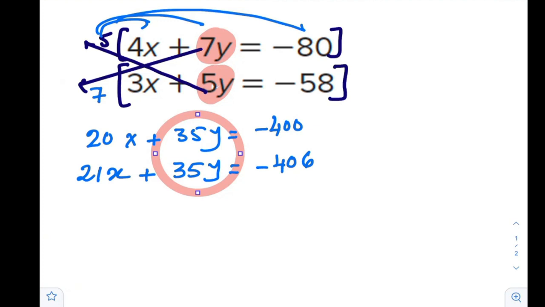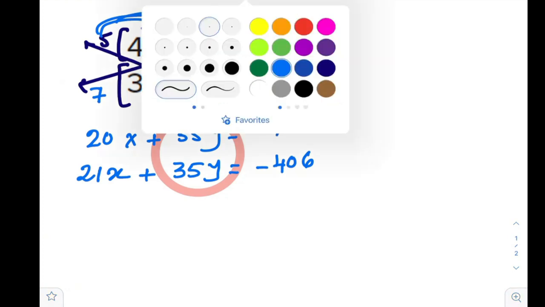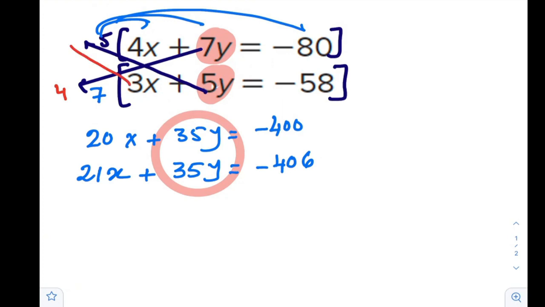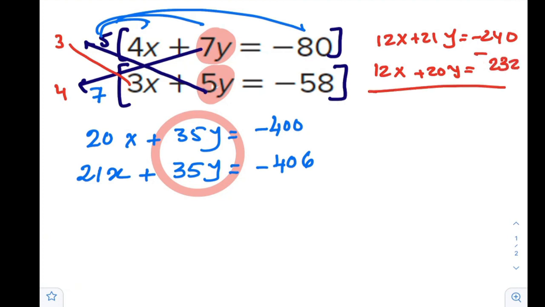We can do it in a different way. If you decide to eliminate the x, then multiply the first equation by 4, and this one by 3. It will be 12x plus 21y equals negative 240, and this will be 12x plus 20y equals 4 times 58, which is negative 232, and then you will subtract.